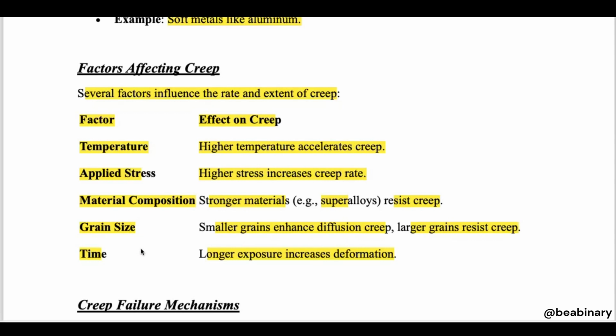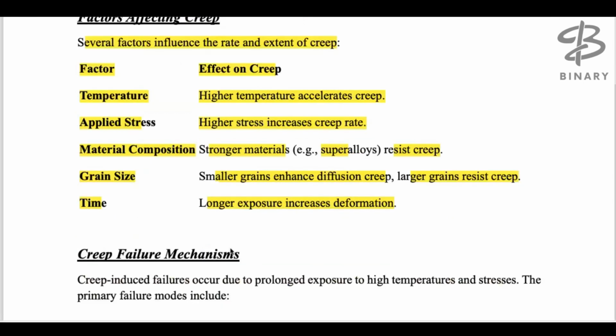For material composition, it depends on the material's nature: if the material is stronger, it can resist all kinds of loading and temperatures, so it will resist the creep. But for grain size, we must keep it in our head.